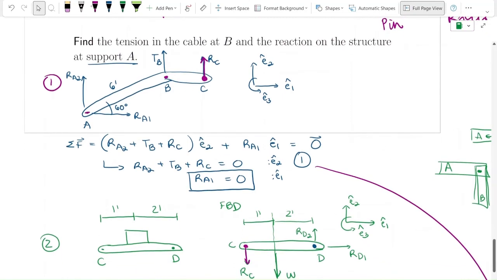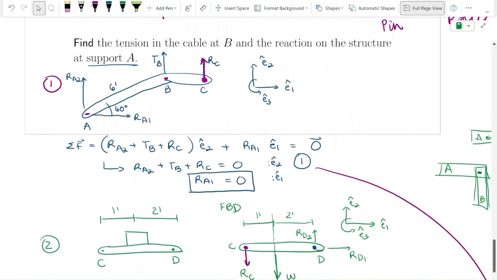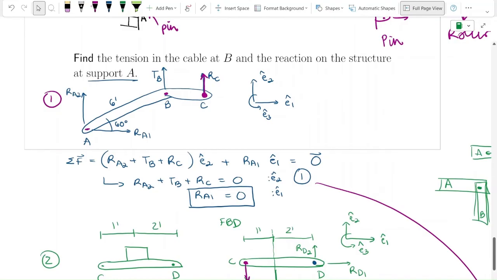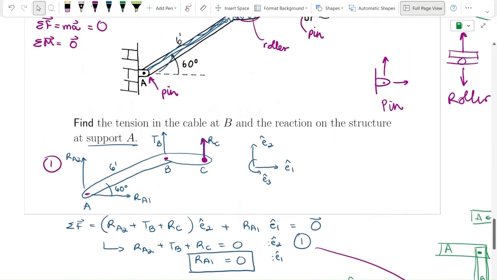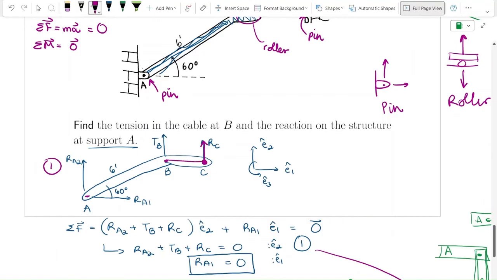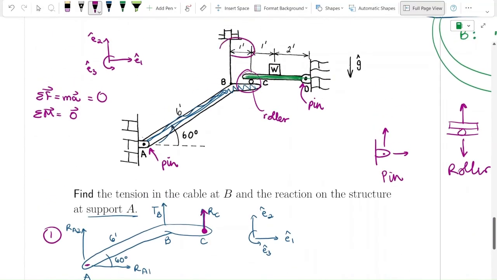So I'm going to choose to take the moments about point C. I actually think that's probably the easiest. So if I take the moments about point C, I have the force from TB at a distance of, it tells you in the problem that distance from B to C is 1 foot.